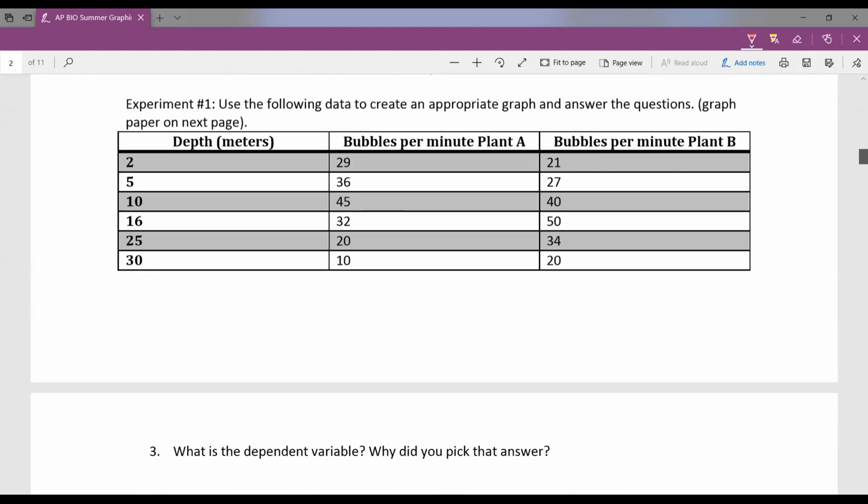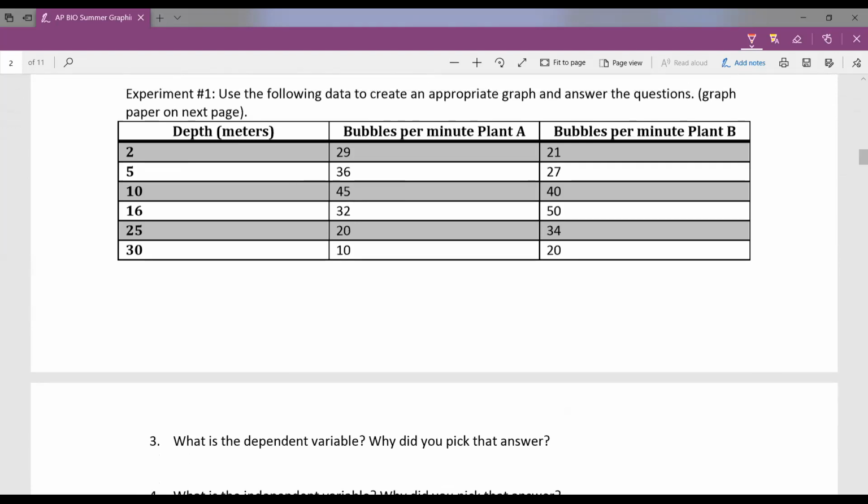What is the dependent variable? Anyone? Just so you know, it's got to be one of those things. The bubbles per minute. All right, we've got 2 bubbles per minute, plant A and plant B, and they are dependent.